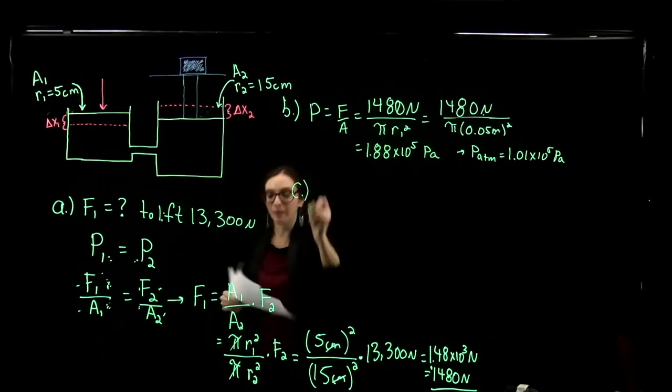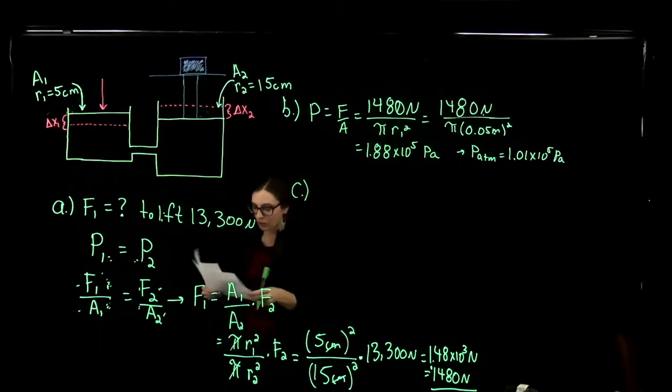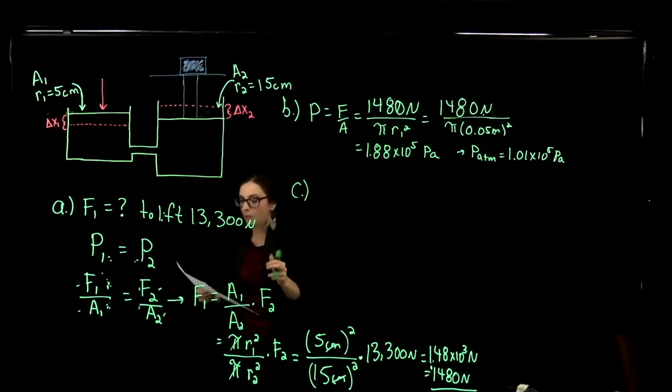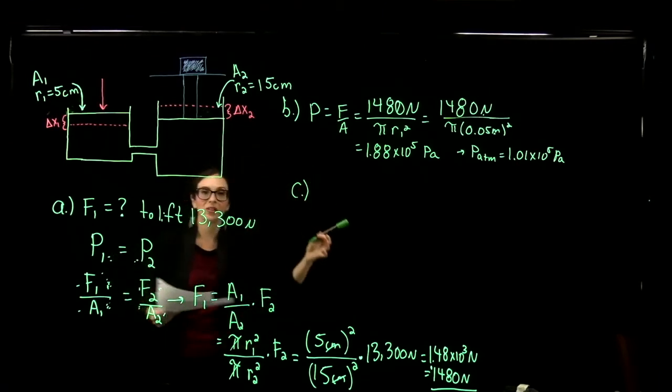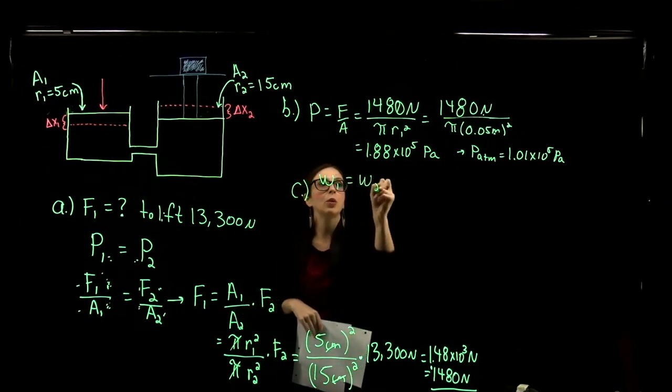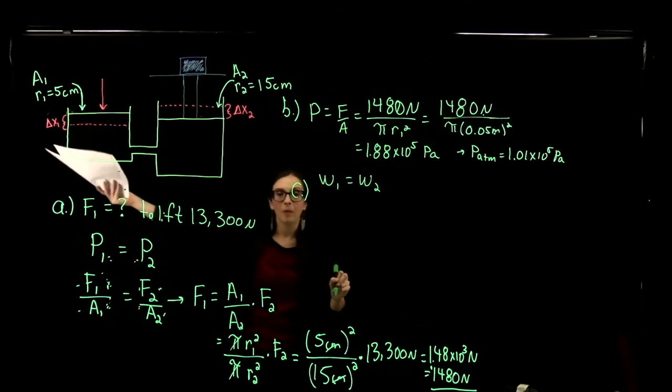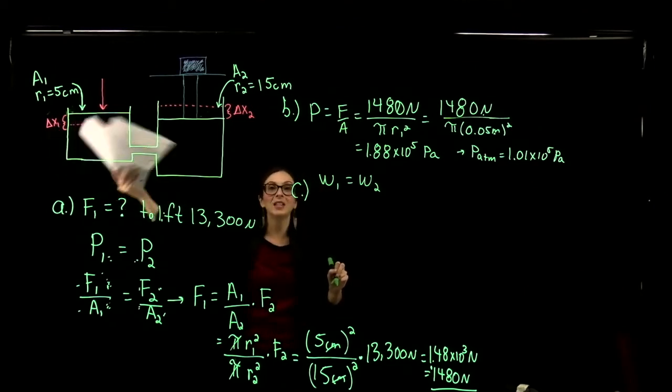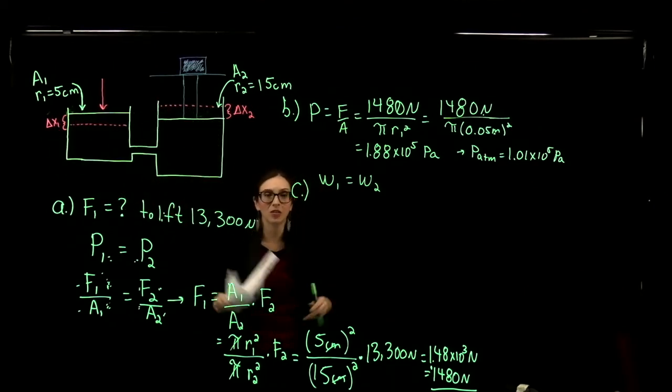And then finally, we need to show that the work done by the input and output pistons are the same. So we need to show that work 1 is equal to work 2. The work that piston 1 does is equal to the work that piston 2 does, okay?